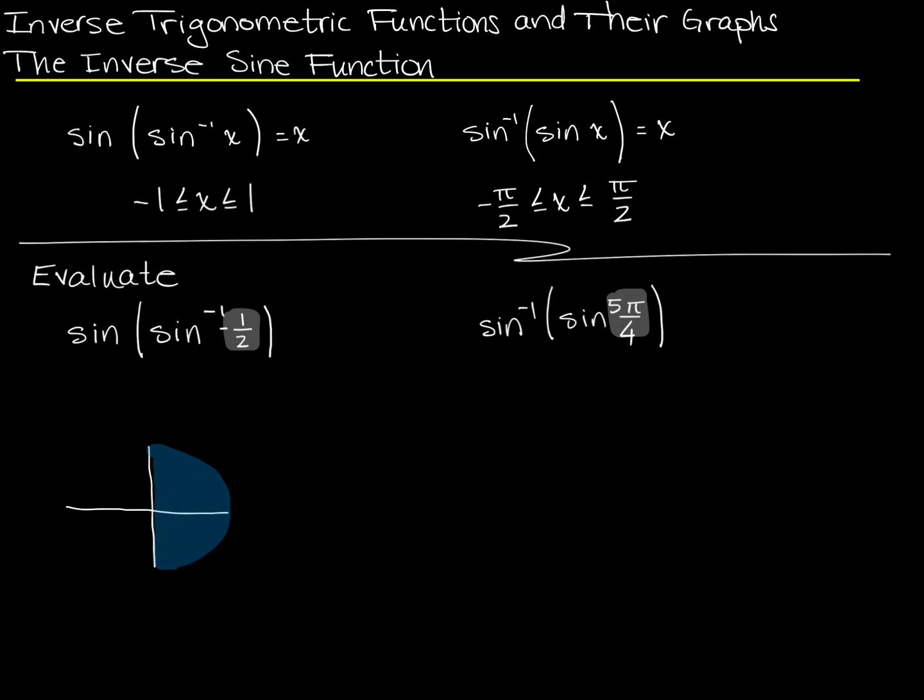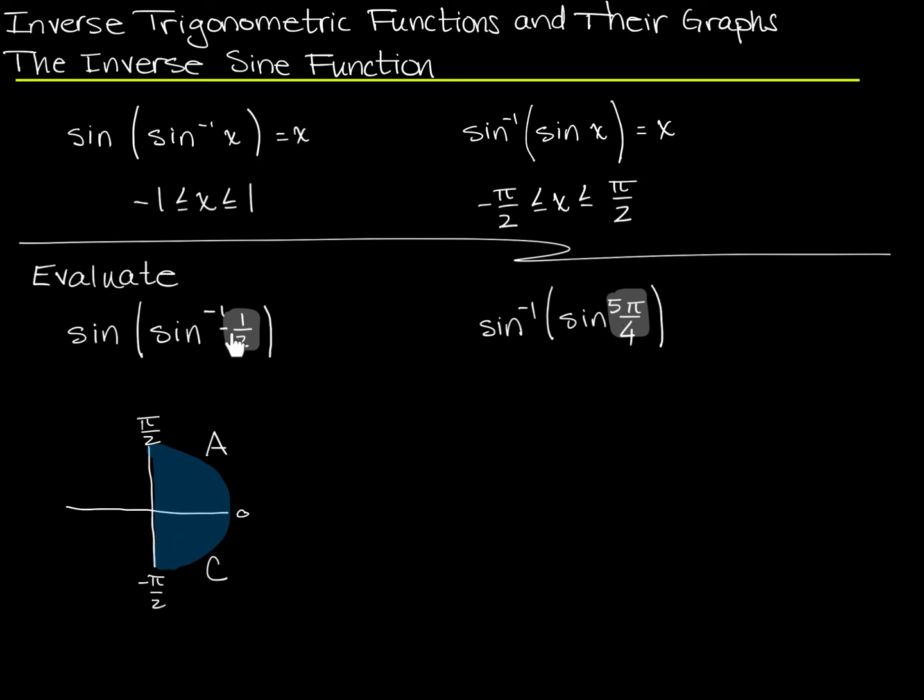I'm only allowed to work with values between -π/2 and π/2. I can't talk about sine inverse anywhere else. Now, if you take the sine of an angle, the answer is going to be positive in quadrant 1, and negative in quadrant 4, because only cosine and its cousin secant are positive in quadrant 4. Sine is negative there.